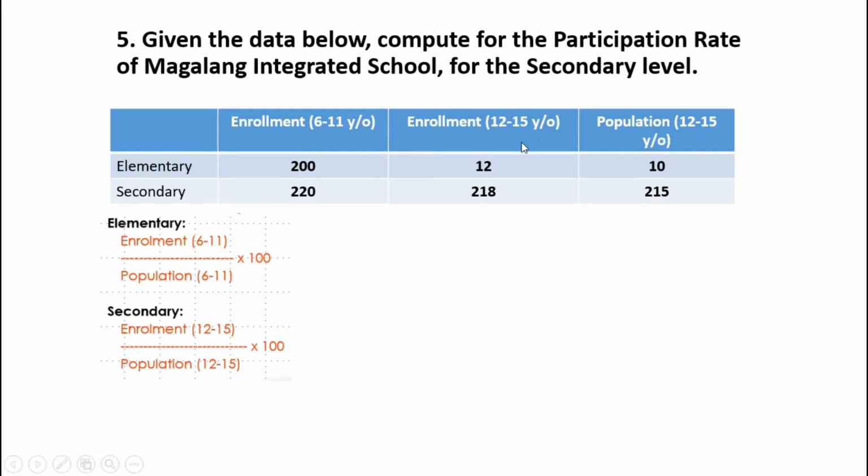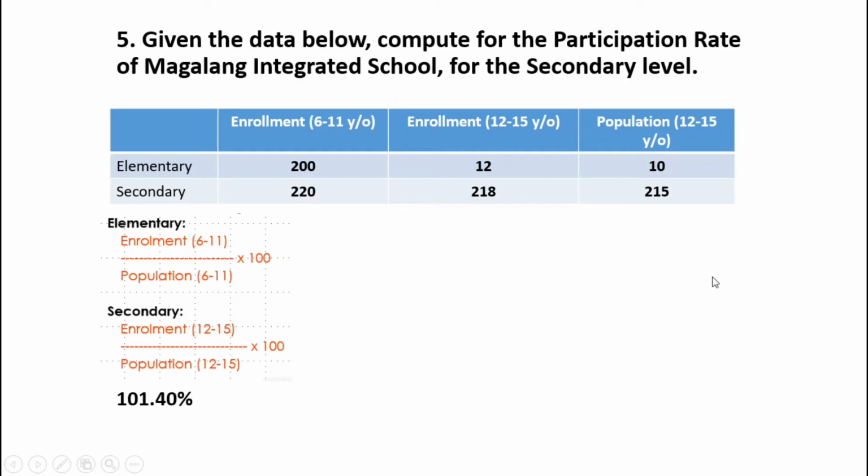So, nandito siya. And then, tingnan natin sa secondary, 218. And the population, of course, is 215. So, the answer will be 101.40%. So, that's the answer.